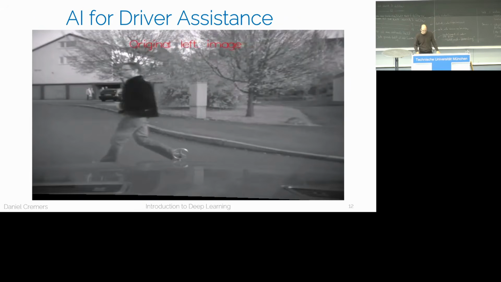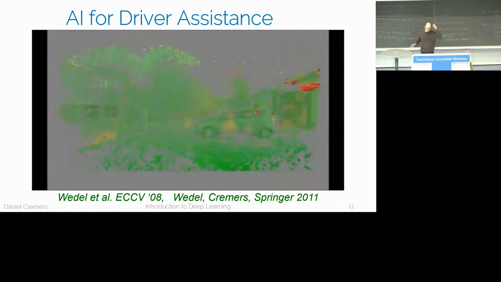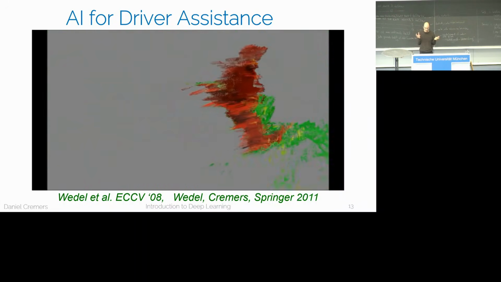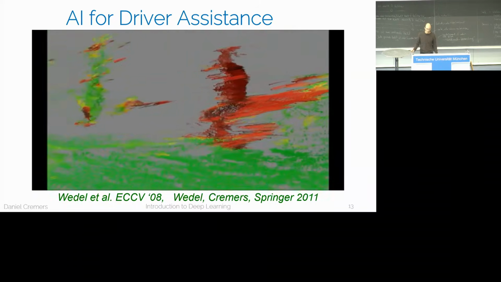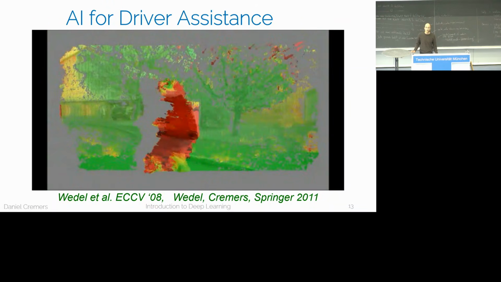So what if we could take this camera footage that we can record easily, and from this camera data reconstruct the world in front of the car in 3D, and not only the 3D world, but even the movements that are color-coded here. Red means moving, green means stationary.